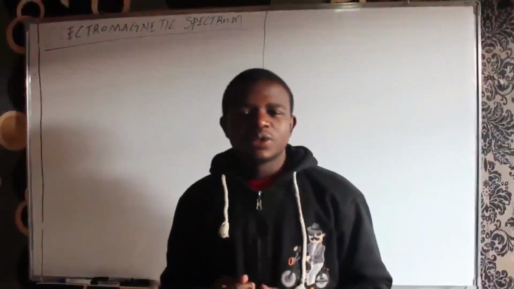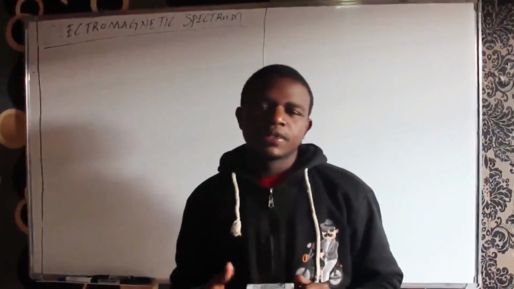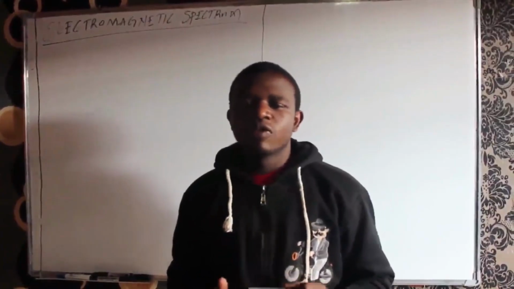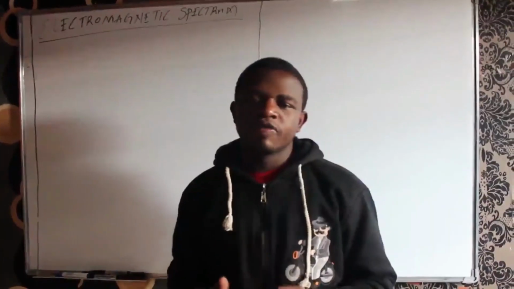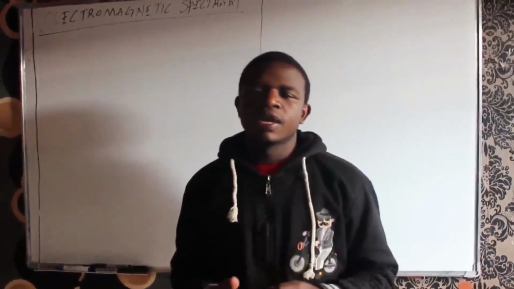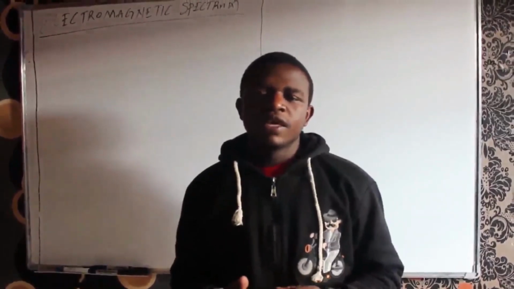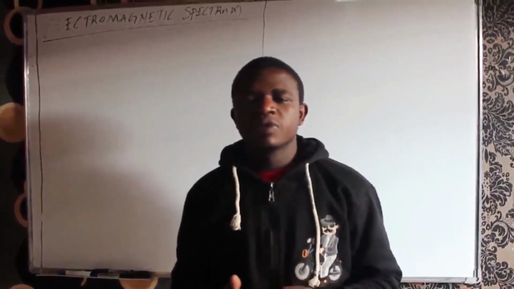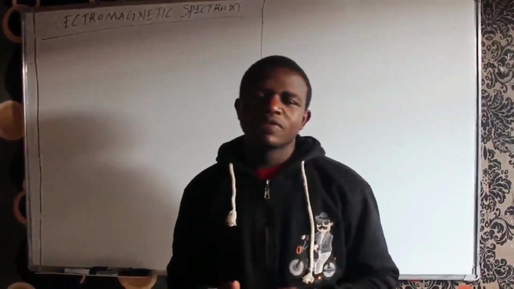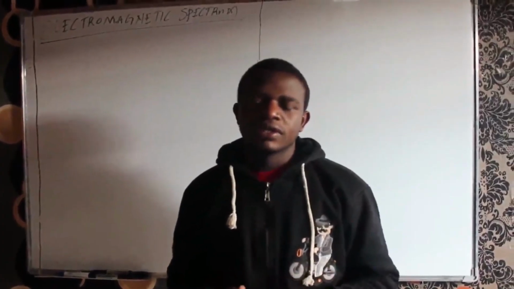So the next thing that we're going to talk about is the electromagnetic spectrum. The electromagnetic spectrum consists of waves that have different wavelengths. This starts from the radio waves to the gamma rays. Some of the electromagnetic waves that we use in our daily lives include the radio waves, the microwaves, and the infrared.